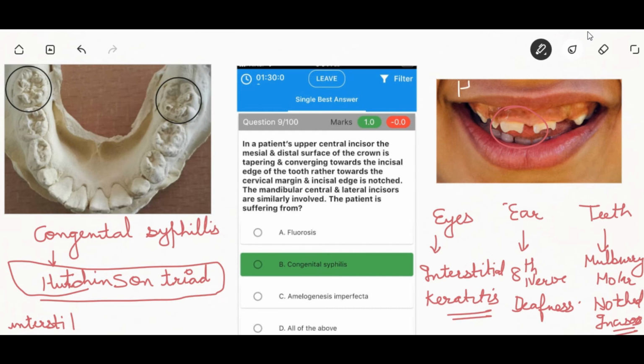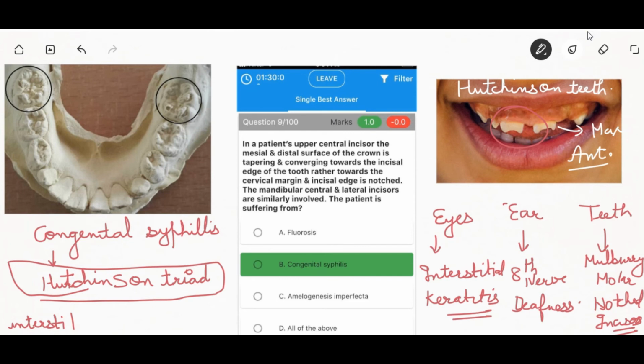So in syphilis you will see the Hutchinson triad that consists of three features: number one is interstitial keratitis, second is eighth nerve deafness, and third is mulberry molars or notched incisors.